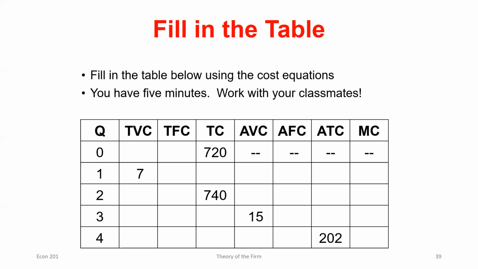So I can fill in potentially different rows. There's actually an entire column I can fill out. If I know the fixed costs are the same at every quantity, well, I can find the new averages. So I've got 720 over 1, so this is just 720. 720 divided by 2, get what? 360. 720 divided by 3 goes to 240.